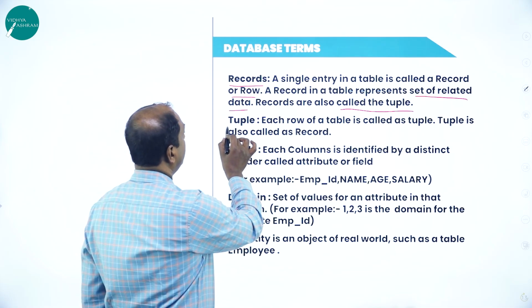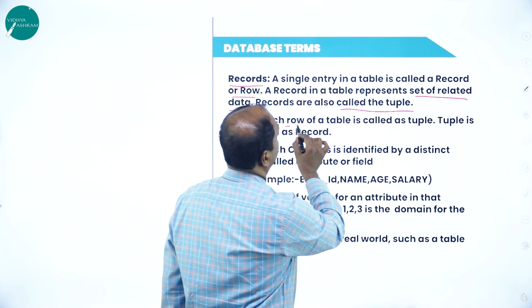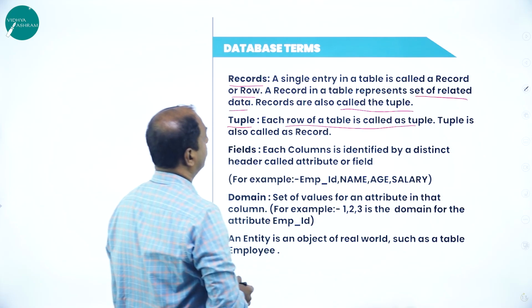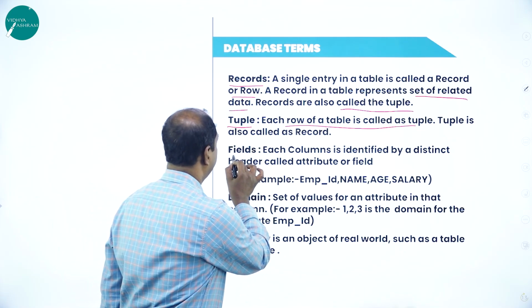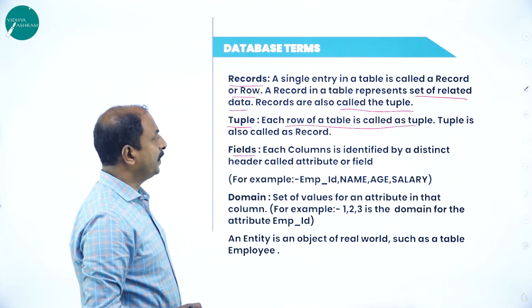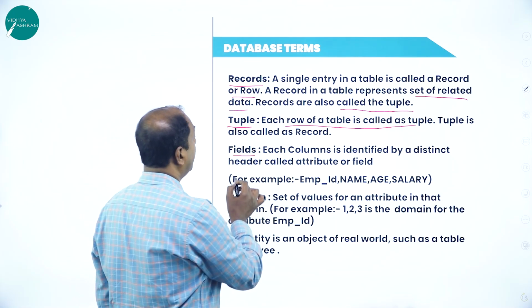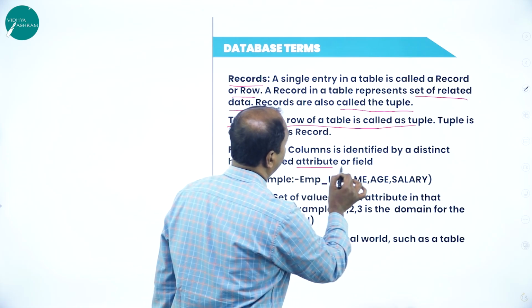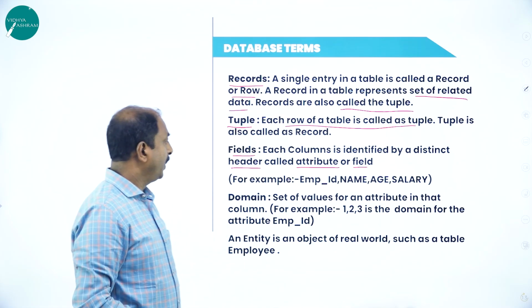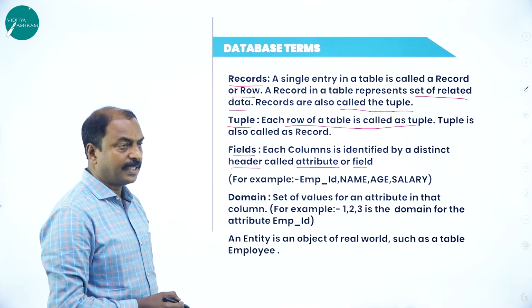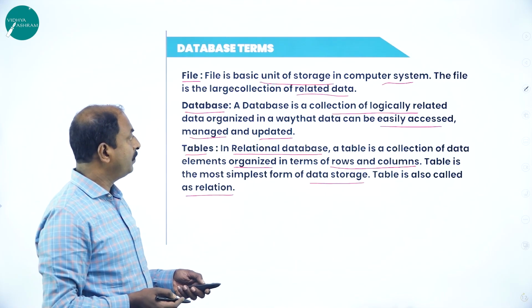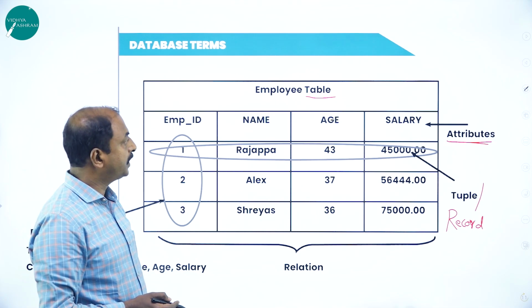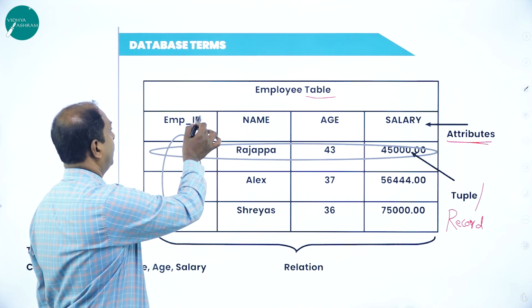Next one is tuple. Each row of a table is called a record, and it is nothing but a tuple. And what are fields? Each column is identified by a distinct header called attribute or field. Now, if you look at the previous example, employee ID, name, age, salary. In the table here, this is a field.